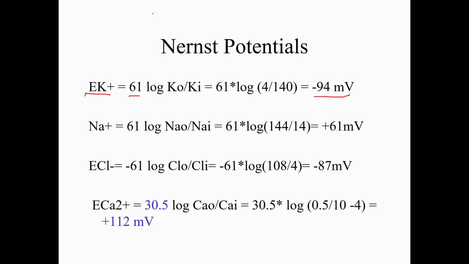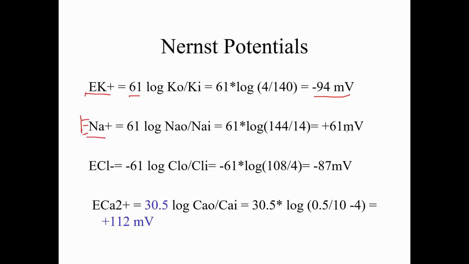And you see I've calculated others as well. Here's the equilibrium potential for sodium, though I forgot to put my little E in here. Equilibrium potential of sodium: 61 times the log of sodium out over sodium in. So 144 out over 14 in gives me an equilibrium potential of +61.